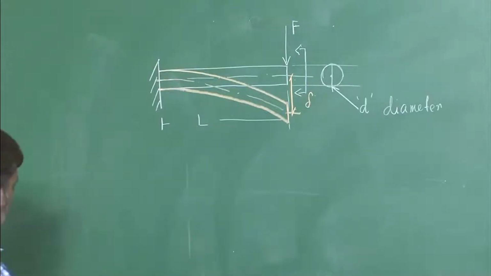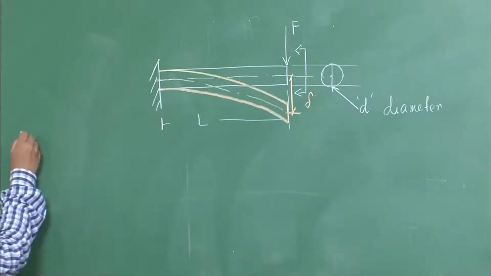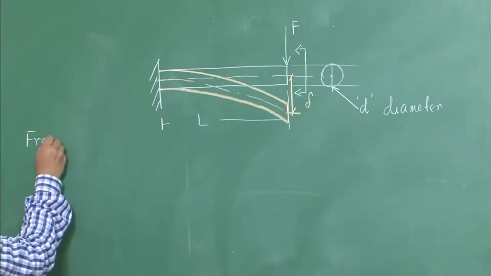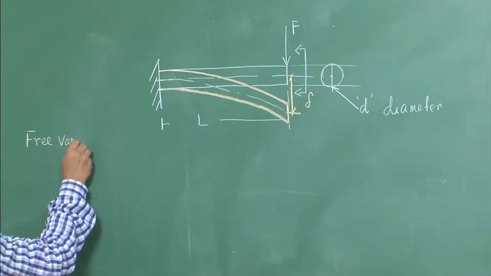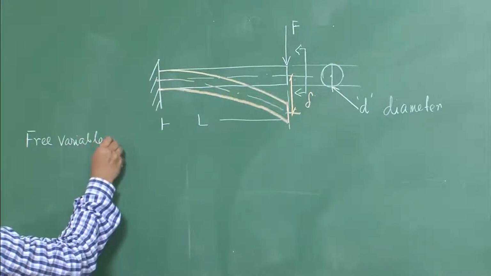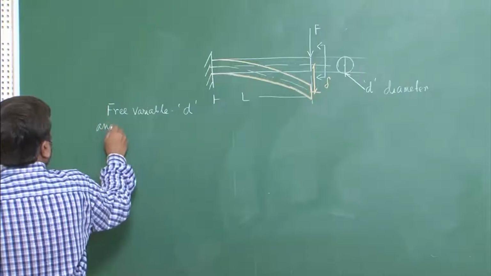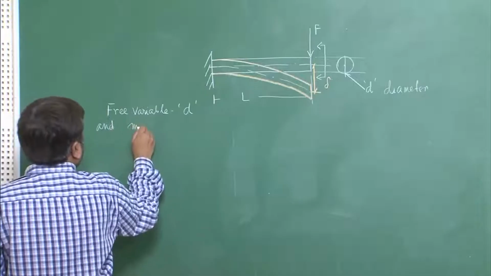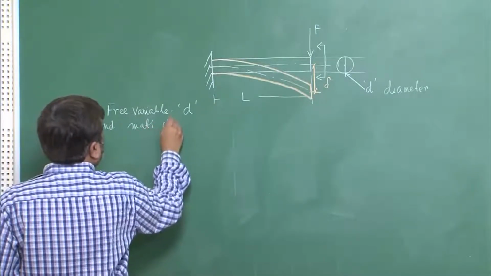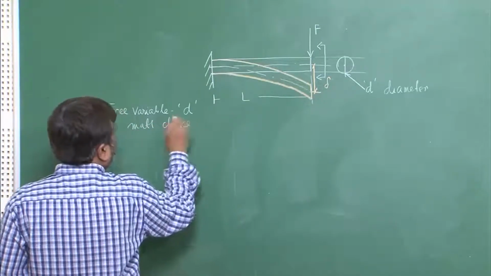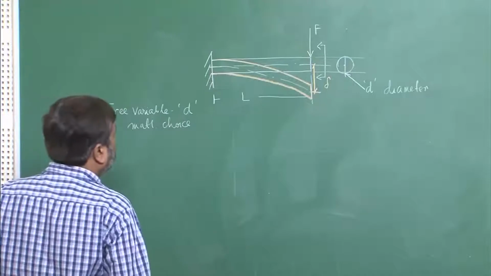So, we can keep in our mind what the free variables are: that is d, and material choice. What is the constraint?